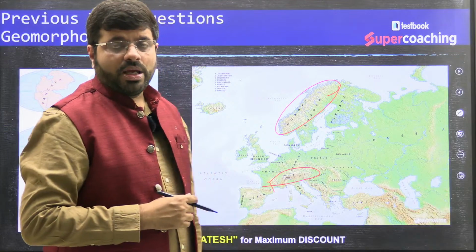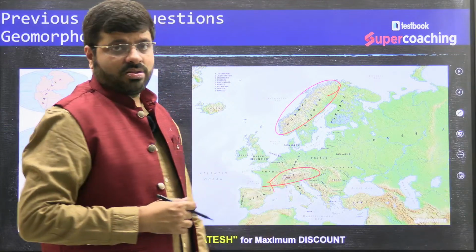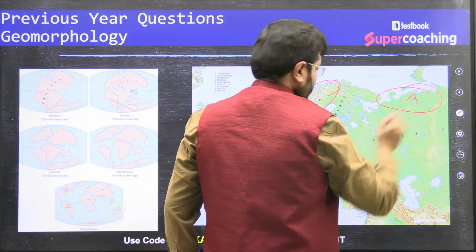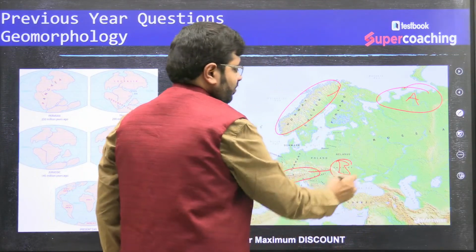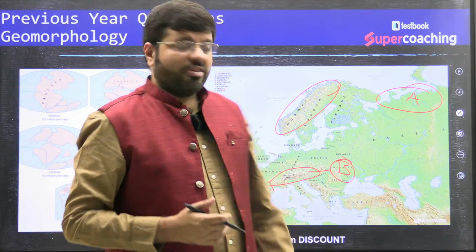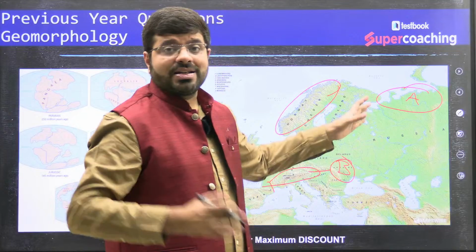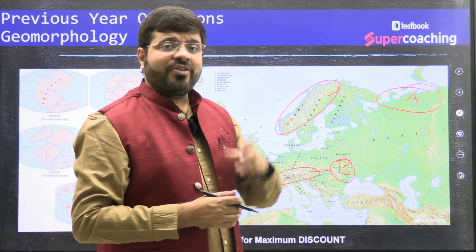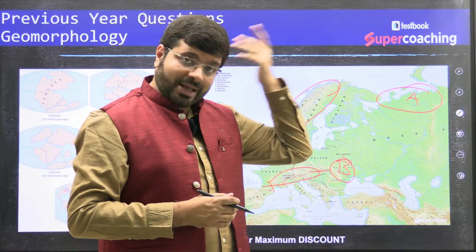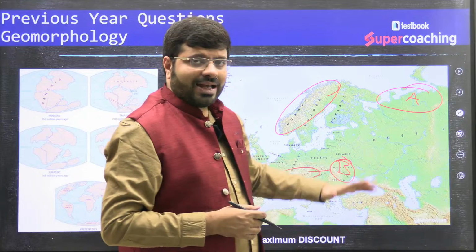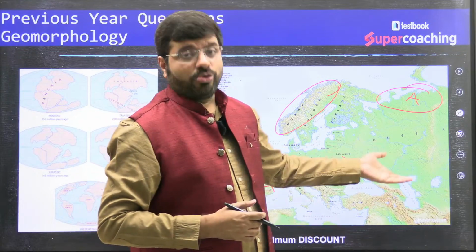If you see, the animals which are found in the polar regions are also found here. Some of the animals. Why? When the whole continent was under the influence of the glaciers, and when the climate change started happening back then, when the ice started melting, you see that animals started migrating, like in the Ice Age movie.